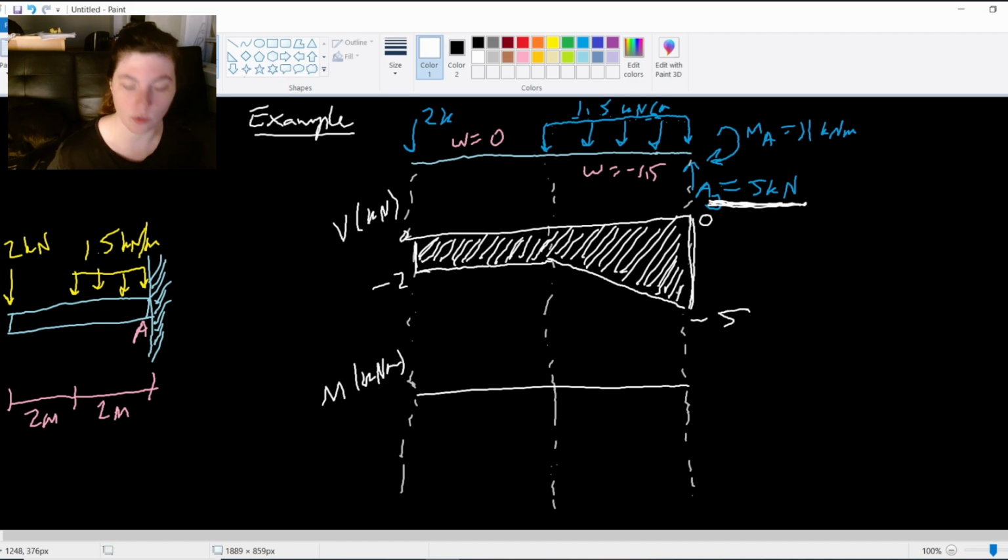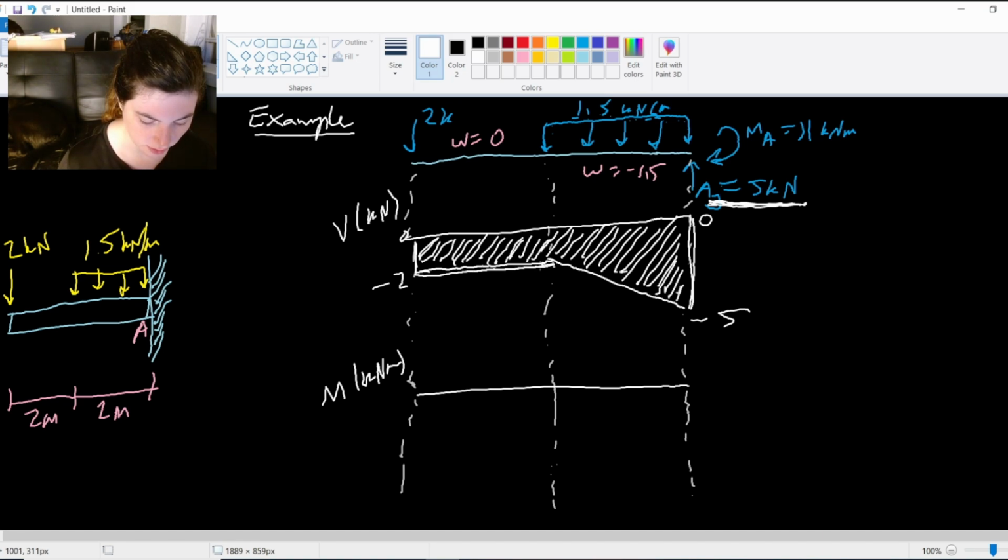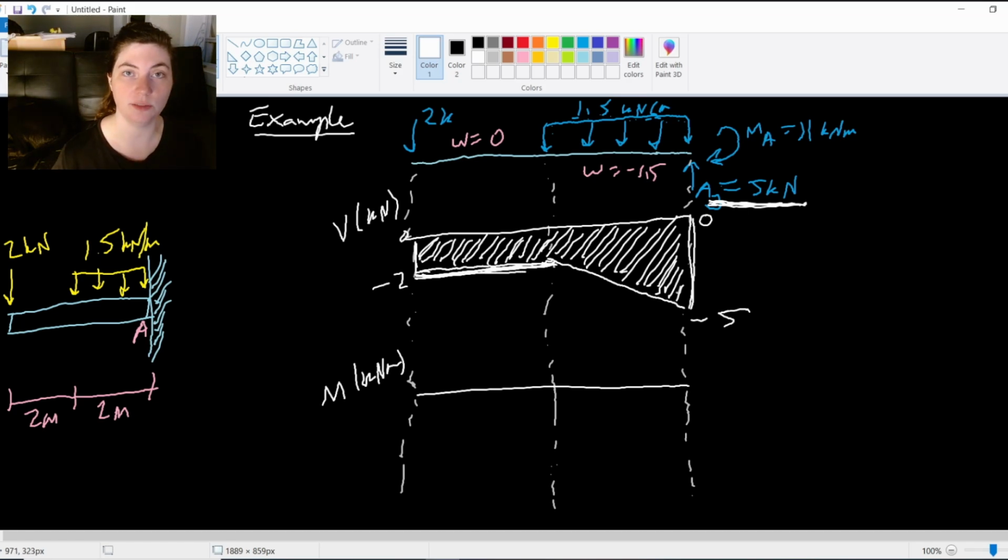And we can take what we know about calculus and use the shear diagram to now generate a moment diagram, right? So my constant here is -2. V has a value of -2 all throughout this first section here. And I know that that is going to then become the slope of my moment, right?